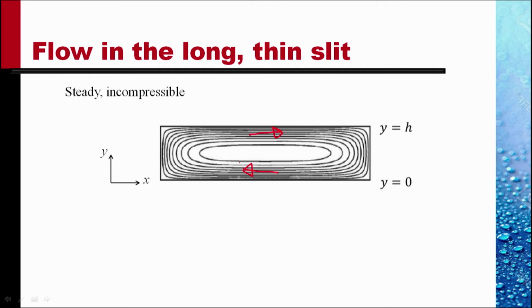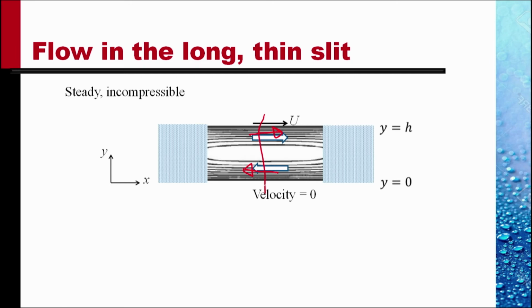Across any section, it should be easy to see that the net volume flow rate should be 0. Now, this appears to be quite a complex flow, but we assume a long thin slit, and then we can ignore the ends, and then it looks like a fully developed flow through a slit.